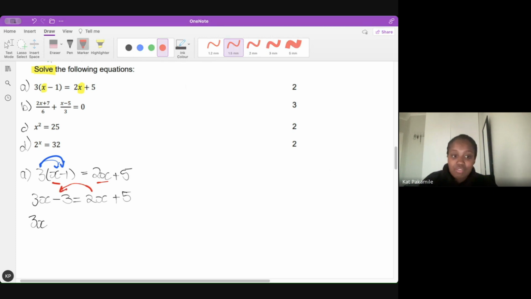And what will my sign for the 2x be when I move it to the left-hand side? Negative 2x, that is true.